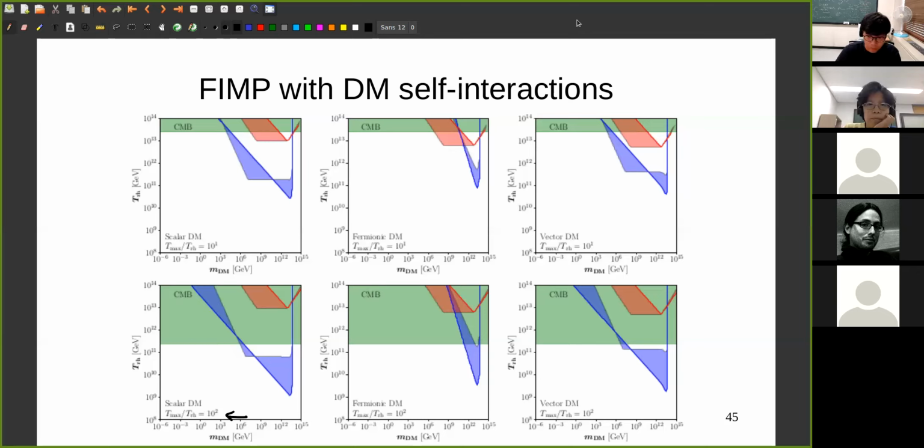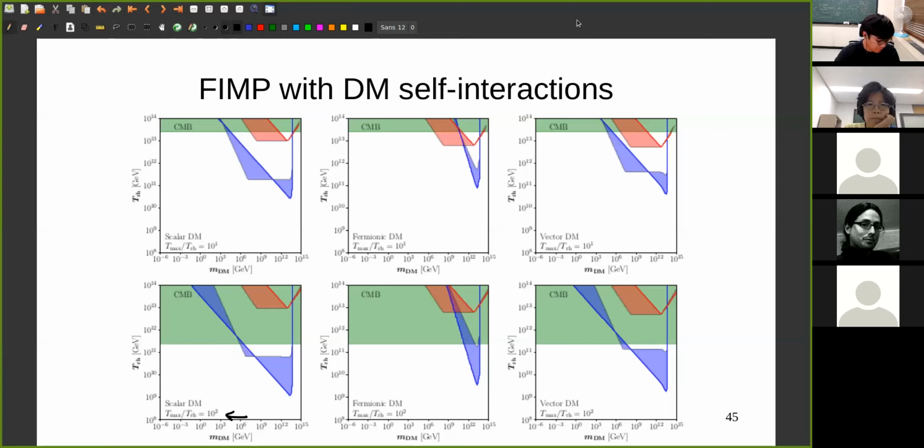However, in the case of gravitational FIMP, so two comments: that's very difficult, but the other side of the coin is that this is an unavoidable process. It's not that we prefer it, but it's there.